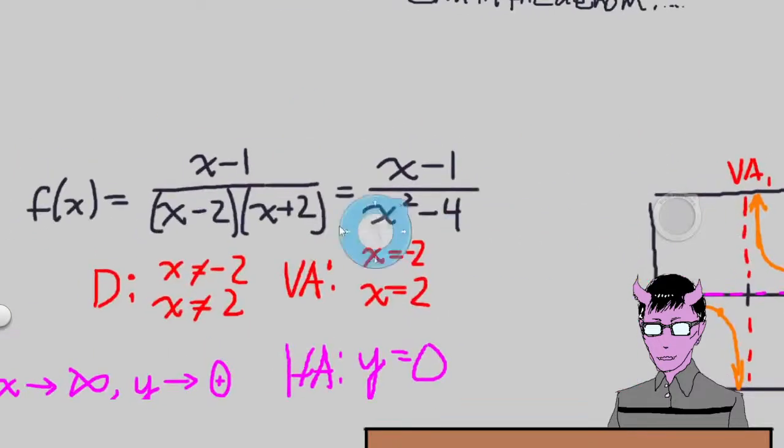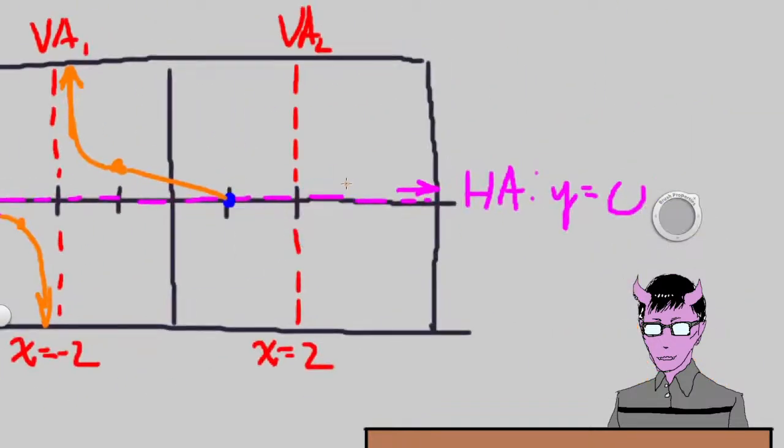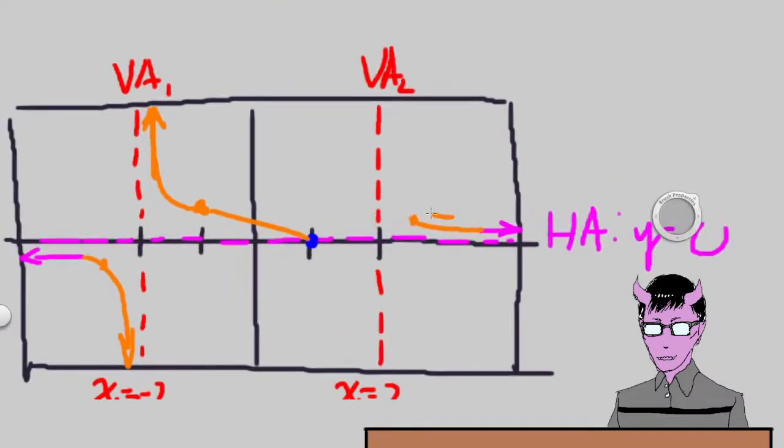So if we plug in +3, what happens? We're going to get 2 over 5, positive 2/5. Trust in this. This one is higher than this one, so you have no choice but to connect it like that. Trust in the trajectory, so it's going to be going upwards.